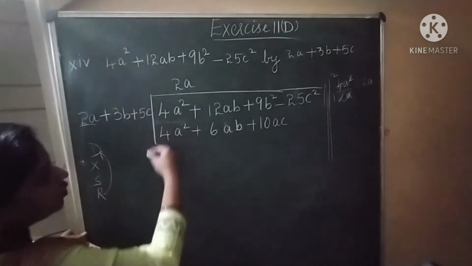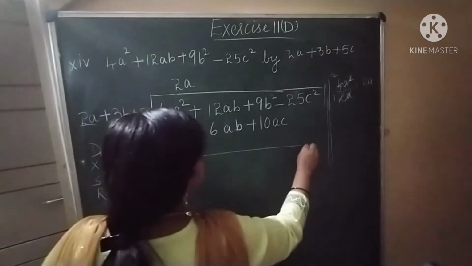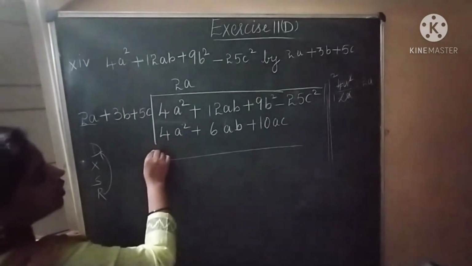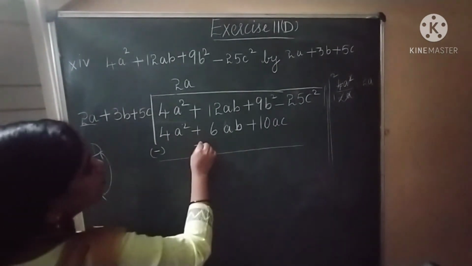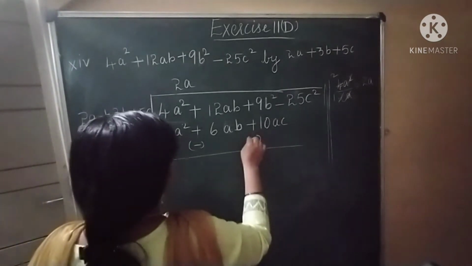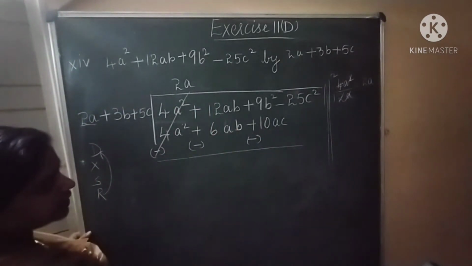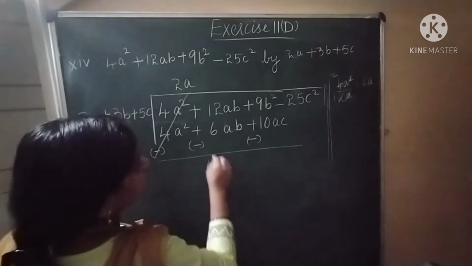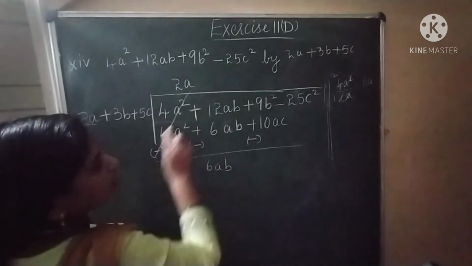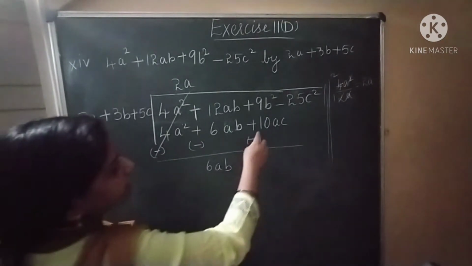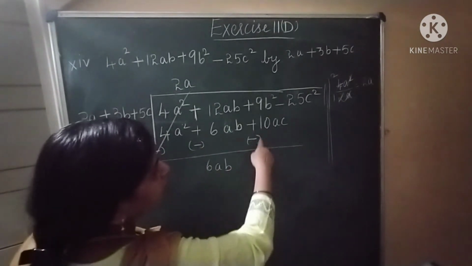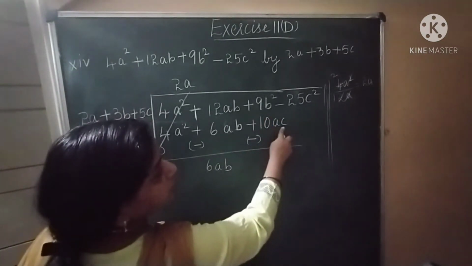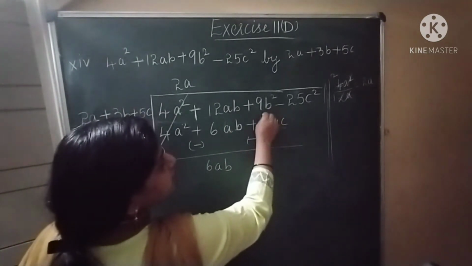When you are doing the subtraction, draw a line below, leaving the gap. Plus sign you convert into minus, plus to minus, plus to minus. If you see, the first term will get cancelled. Here 12 minus 6 is 6ab. It is plus 6ab because the greater number is 12 here. Then here, plus minus is subtraction. 10 minus, so we cannot subtract this because the variable term, see, this is ac and this is b square.